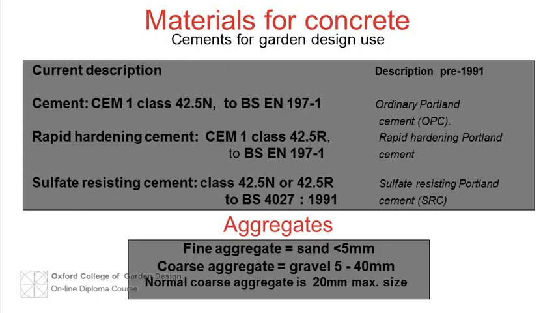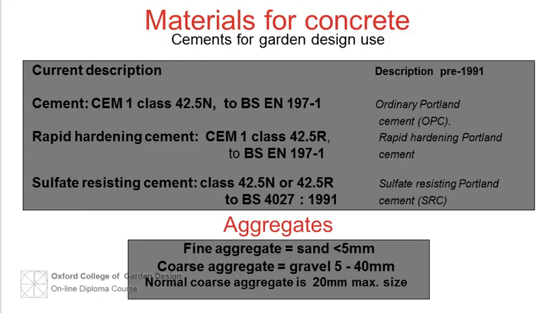Fortunately for landscape and garden design, you should at most need only 3 types, shown here on the screen. Apart from the normal general purpose cement, there is a cement when you need the concrete to be strong in a matter of days rather than weeks, and also a cement which resists corrosive sulfate salts which occur in some soils.